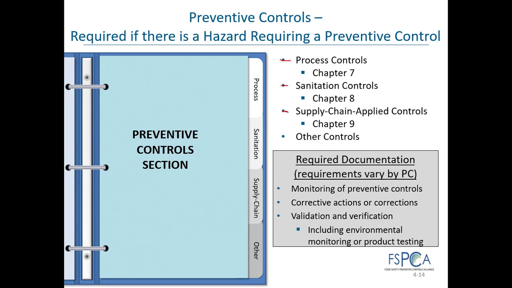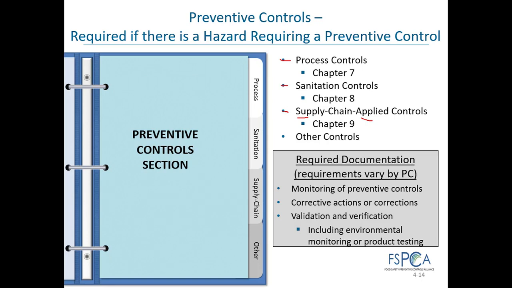A supply chain control is a situation where you ask your supplier to control a hazard before it gets to your door. So it's applied in the supplier's building. They're controlling that hazard for you before it gets to your door. And we're going to explore all of these in a lot more detail later on, so don't worry yet. That's just your first introduction to those different categories.